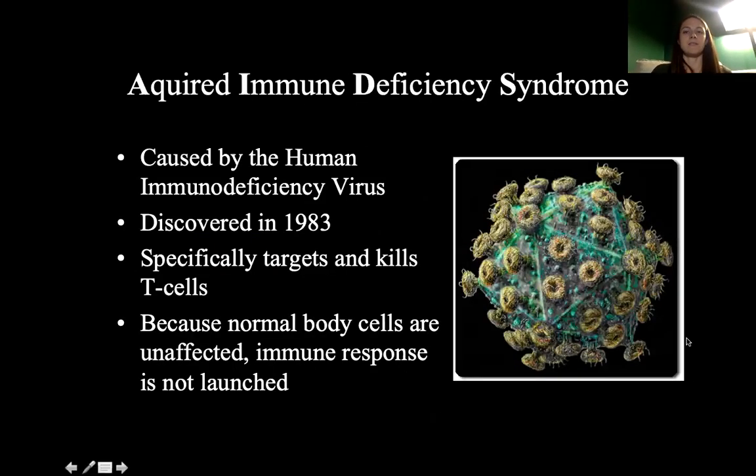AIDS is a syndrome. It stands for Acquired Immune Deficiency Syndrome. And this is a syndrome that develops in response to HIV. So HIV is a virus. It's human immunodeficiency virus. This is a virus like coronavirus or the influenza virus. It's a virus that attacks the body, but it's super dangerous because it targets and kills those T cells.